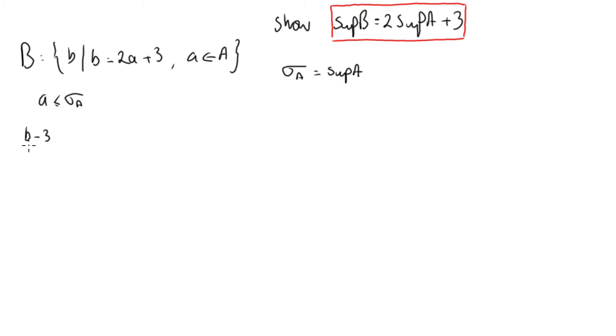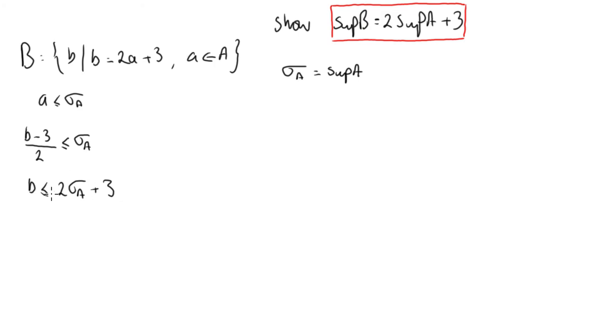If you take an element from B and you minus 3 from it and divide it by 2, you'll get the corresponding element from A, and that is always going to be smaller than or equal to the supremum of A. Now we can simply rearrange, and we can show that B is always going to be smaller than or equal to twice the supremum of A plus 3.